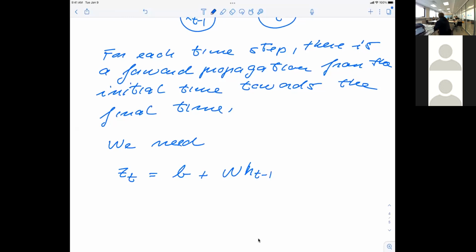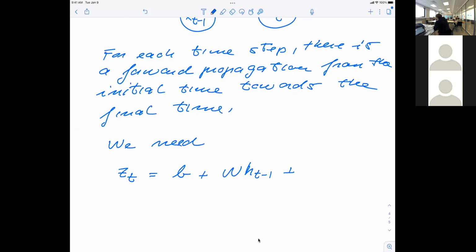Previously what we had was the output from a previous layer, in a hidden layer, in a feed-forward neural network. Now the quantity which we're going to use is actually the output from a previous hidden layer, and that is fed into the next time step. So this is again how we build up the memory here.